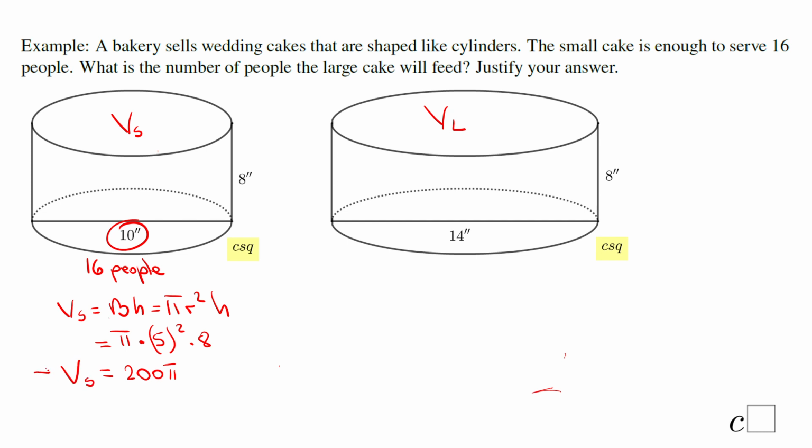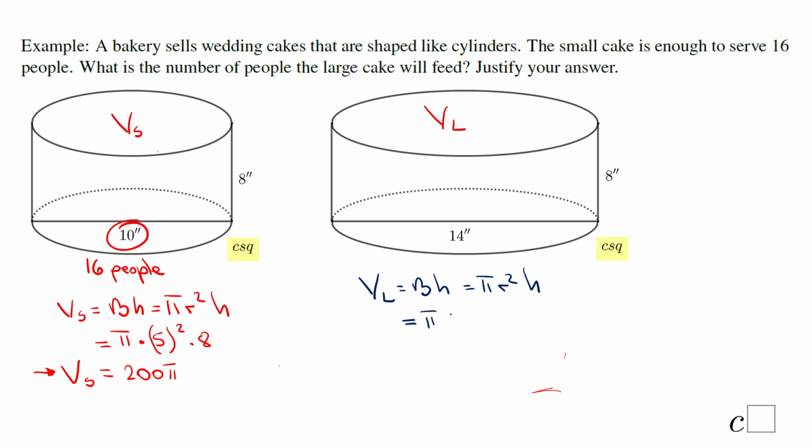So we're gonna need this one, and we're gonna need to move to the second one. I'm gonna change the color to make a difference, but of course you can just keep it the same, no problem. The same formula, area of the base times the height, pi r squared h. The only difference is the radius, right?